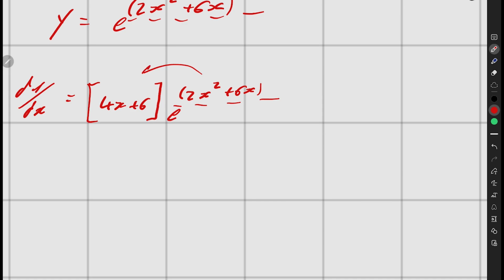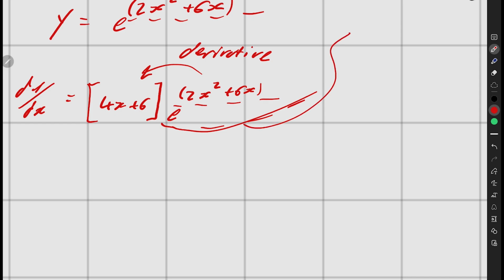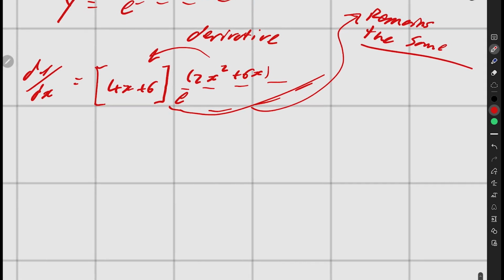So that is the derivative. And we know the power remains the same. So that's your rule for exponential functions.